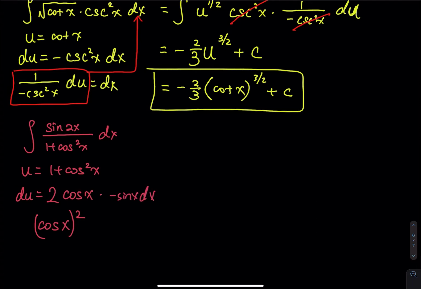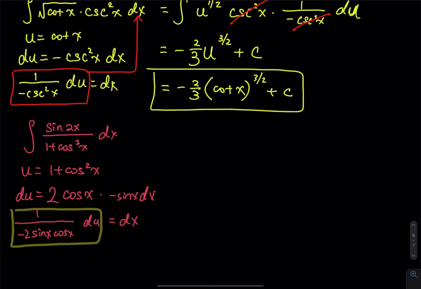All right, let's erase that to save some space. And then you put the whole thing to the other side. So you have 1 divided by negative 2 sine cosine, and then du, that equals dx. Since we know what dx equals, we are going to replace the dx with this piece. Okay, let's change the variable.